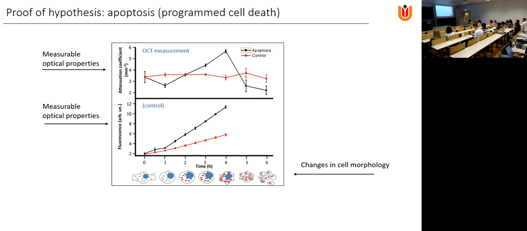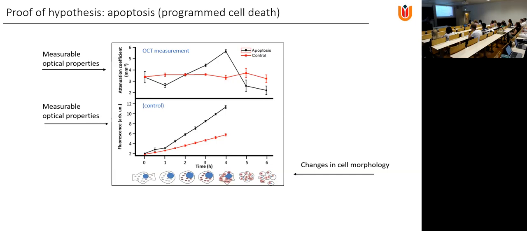So as a function of time, you can follow that apoptosis, and we did that. We did a couple of measurements. We did OCT measurements measuring the properties. That would be the black line in the top graph. There was also a control group where the cells did not have apoptosis at all, in the same conditions. And there you can actually see this change in properties.